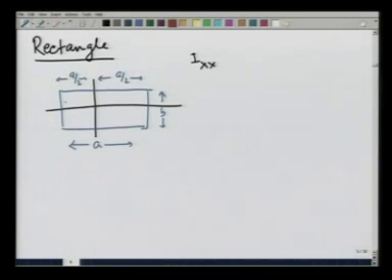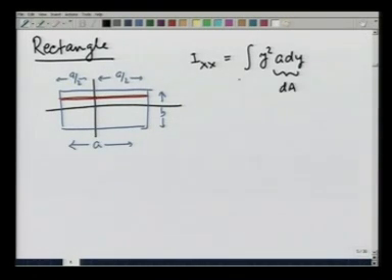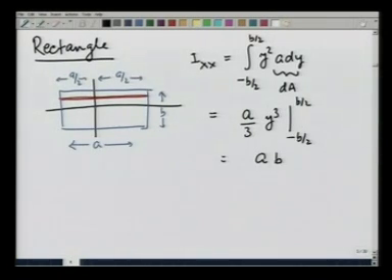For that, again I choose a strip here of width dy, because for this entire strip y square is the same, and calculate integral y square a dy, where a dy is that small area dA, and y changes from minus b by 2 to b by 2, and this comes out to be a over 3 y cubed from minus b by 2 to b by 2, or a b cubed over 12.